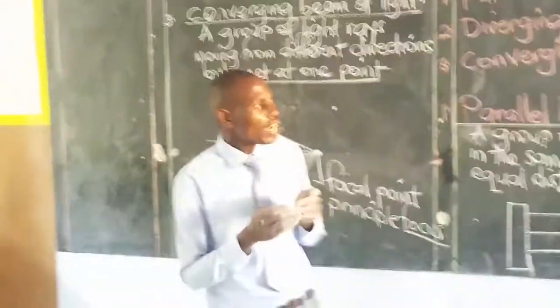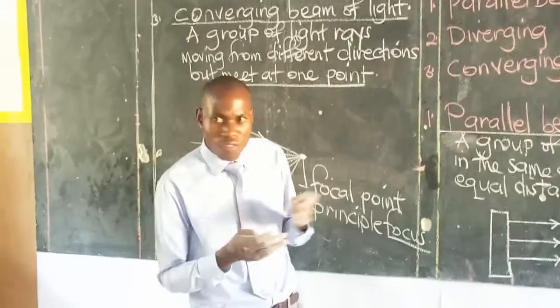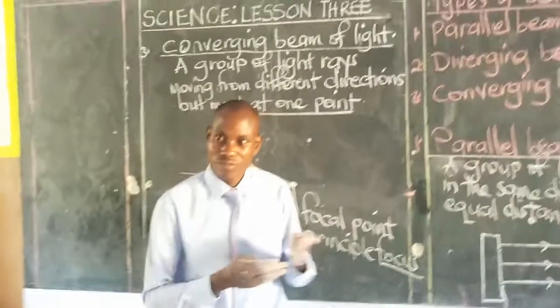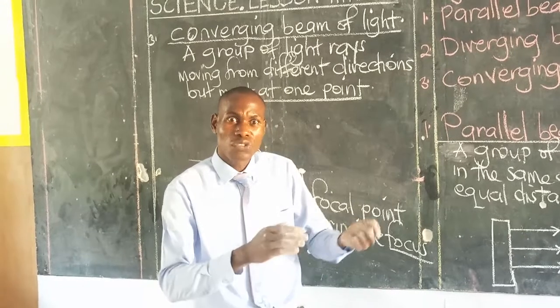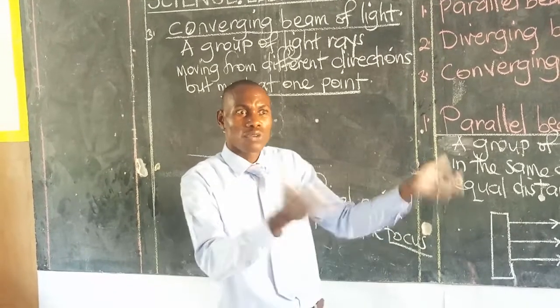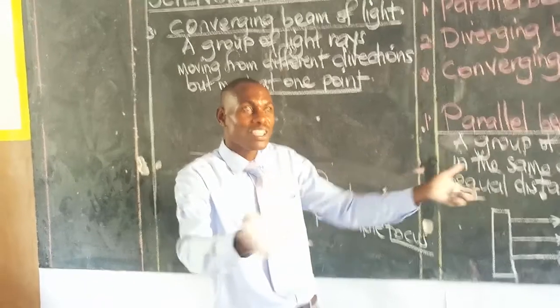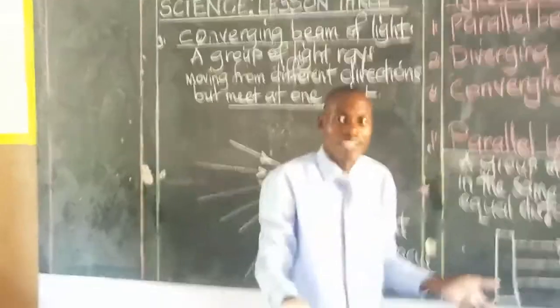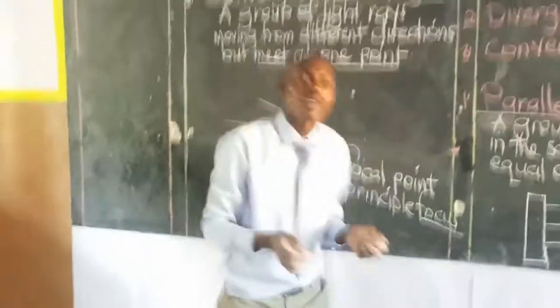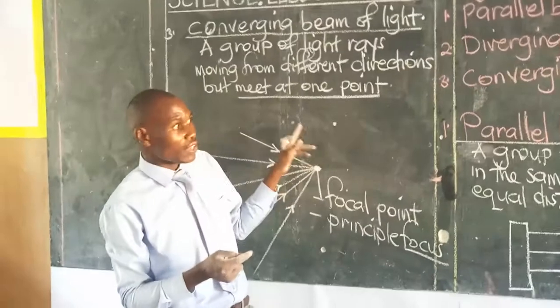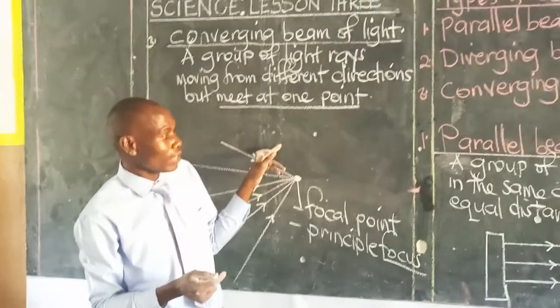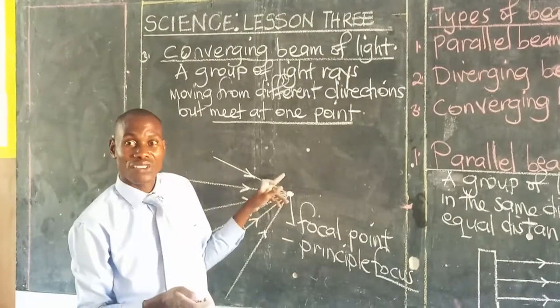I want you to look at a situation of a torch. Because of its ability to spread light rays outwards, that enables us to have enough light in any area. So, boys and girls, I would like to thank you, and I hope that you have understood this.